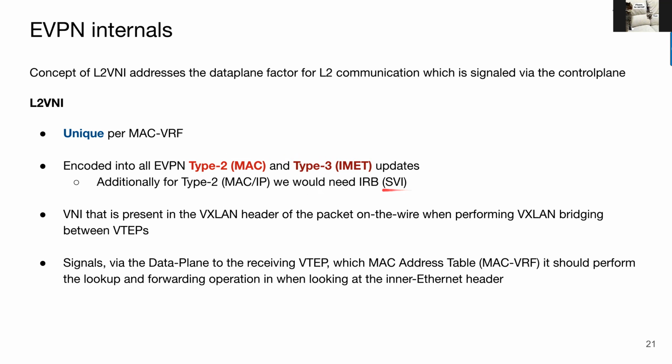If we add layer 3 here, so if we start configuring SVIs, then we're going to have the second type, which provides us our ARP control plane state. This VNI is the same VNI that's going to be present in our VXLAN header, where we're going to be doing our mapping and our reverse mapping at the remote VTEP.